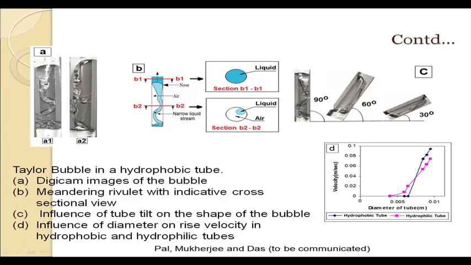And at the same time, what happens? The continuous annular liquid film which was there is now no longer continuous. It gets disrupted, and the liquid is compelled to flow down as a rivulet along the bubble surface.